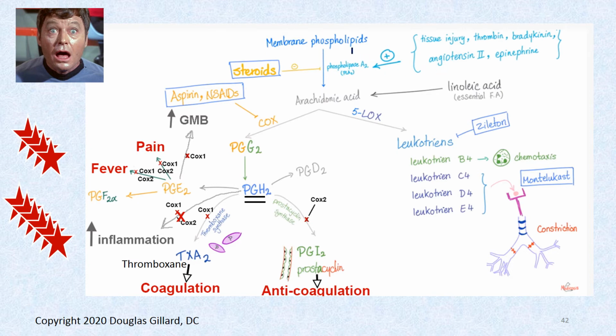Angiotensin II can break down microcirculation endothelial cell membranes to release this dude, arachidonic acid. This is the first step of the inflammatory cascade: the breakdown and release of phospholipids from the endothelial cell membrane via tissue injury, thrombin, bradykinin. I mean, the big ones for me are angiotensin II and tissue injury.